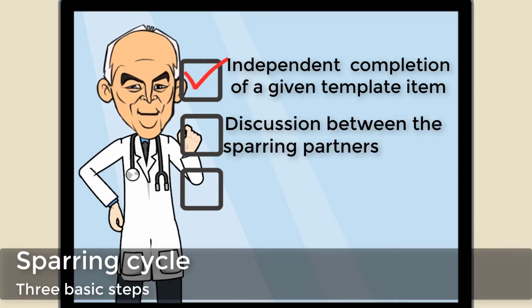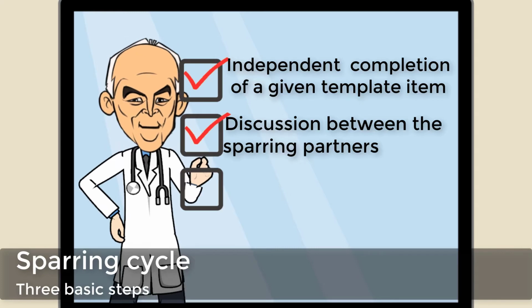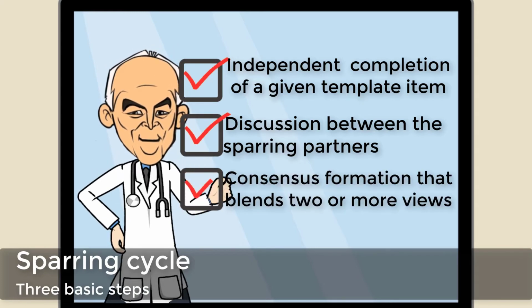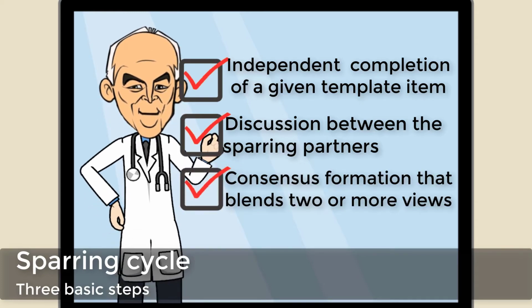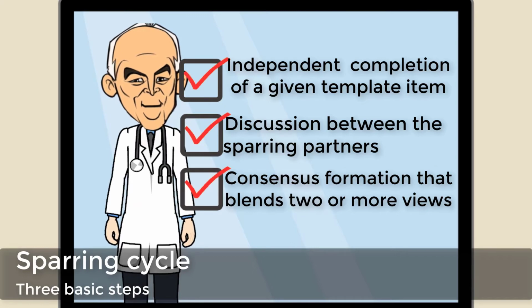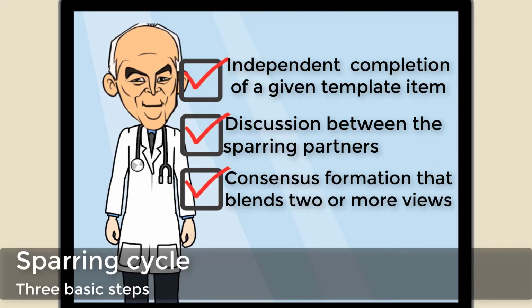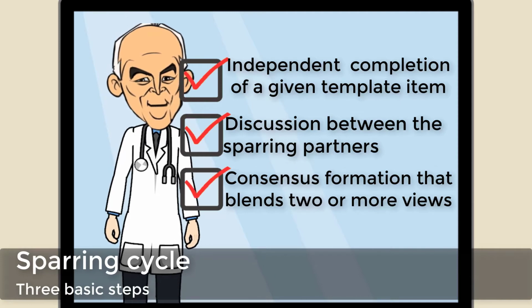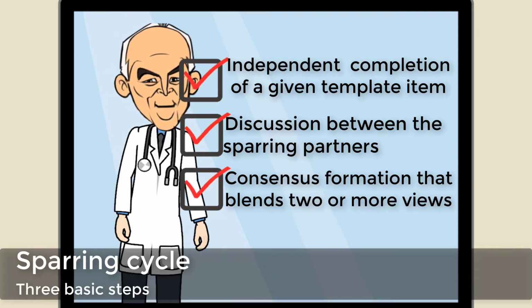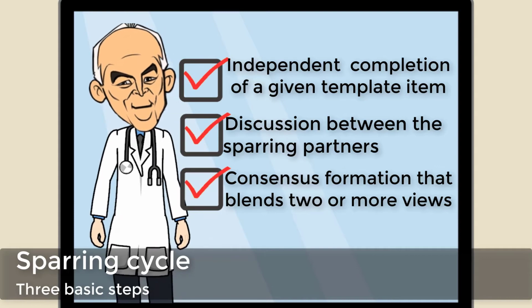Step 2. Discussion between the sparring partners. Step 3. Consensus formation that constructively blends the 2 or more views which might be further finessed by the very act of discussion. Again, a challenging but reasonable time limit should be set for this process, for example 10 minutes.